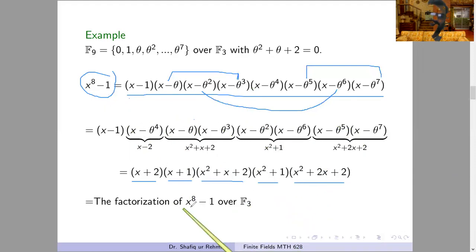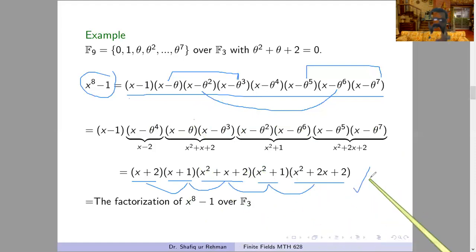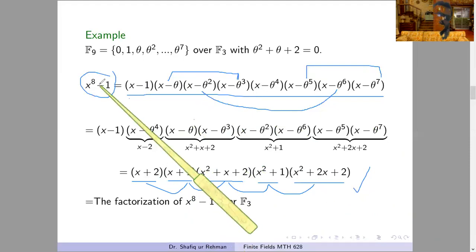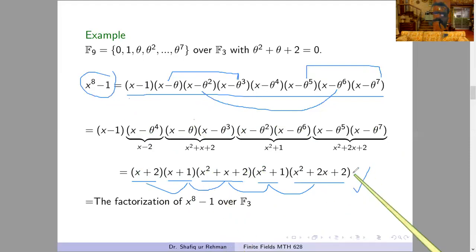How to convert these coefficients to F3? We rearrange the linear factors with the help of conjugates, and we convert this factorization into the factorization of minimal polynomials, and all these minimal polynomials have coefficients in F3. So we succeeded in getting the factorization of this polynomial into this form.